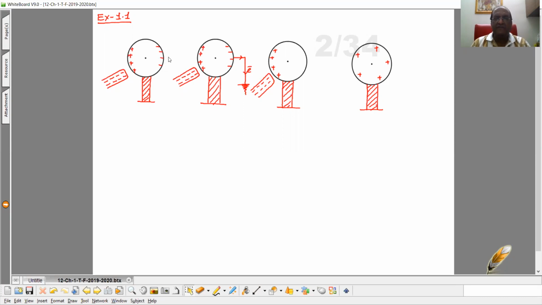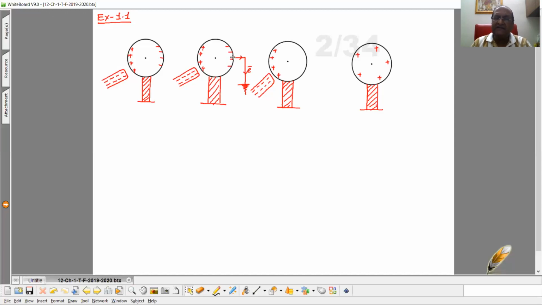Then, keeping this plastic rod and this sphere as they are, connect this negatively charged surface of the sphere with a conducting wire to the earth. So in short, we can say give earthing to this negatively charged surface of the sphere.